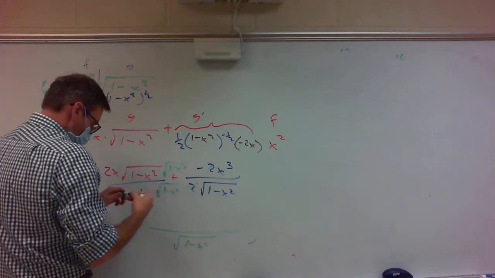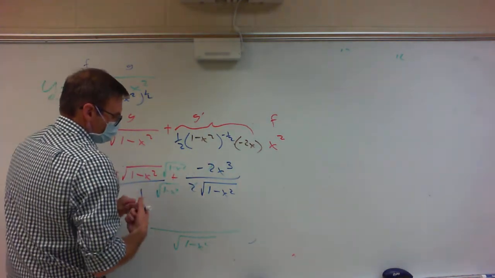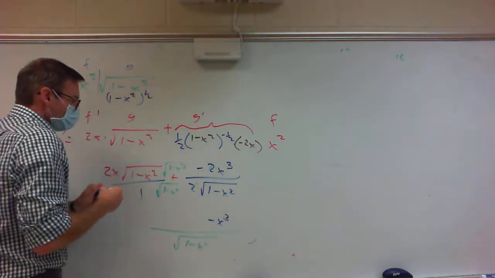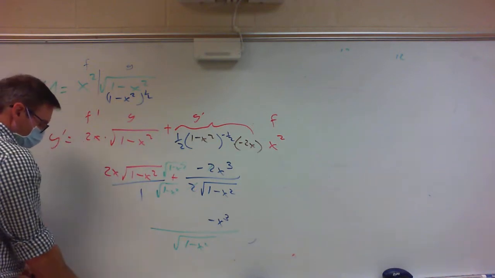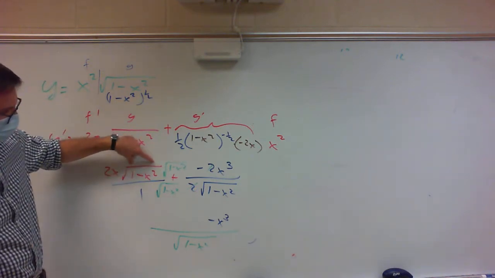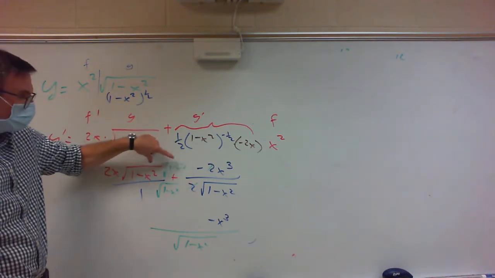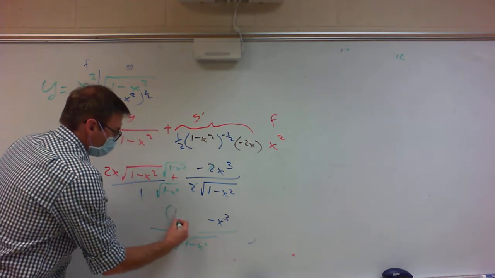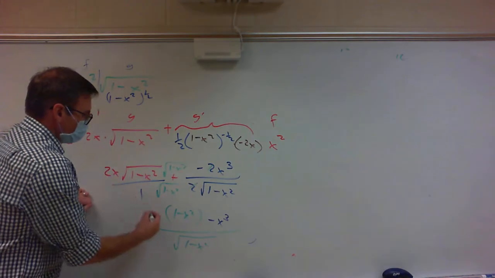The right-hand side is just going to be a minus x cubed. But let's look at this left-hand side. I have square root of something times square root of something, the same thing, that just means I'm going to get that something times a 2x.